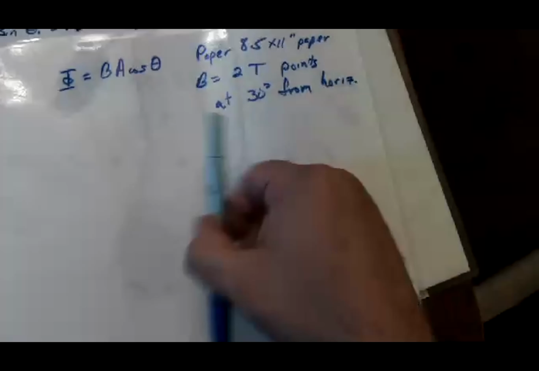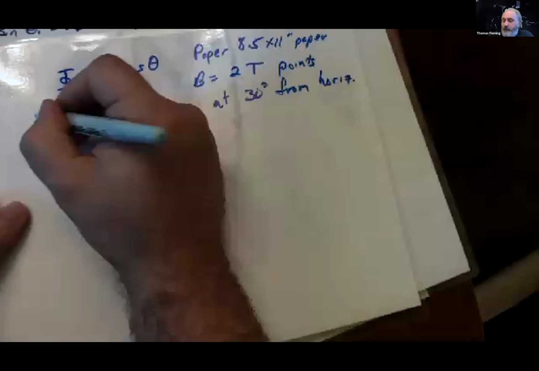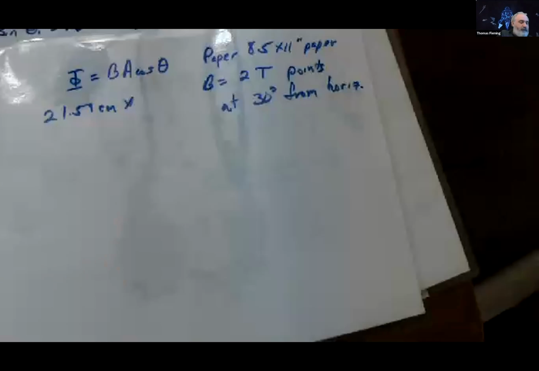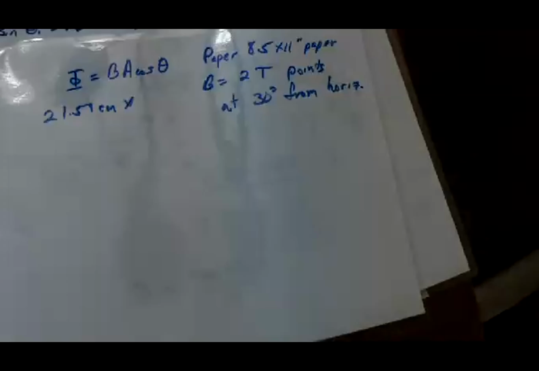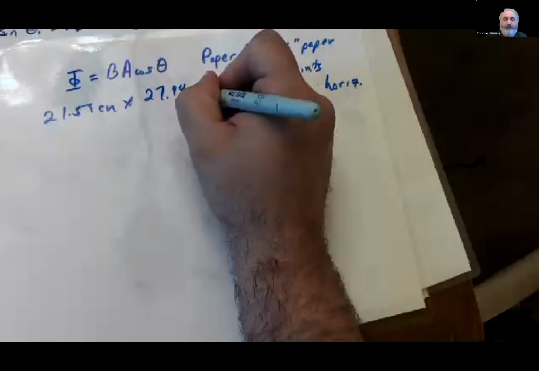So if we go 8.5 times 2.54, it's 21.59 centimeters by 27.94 centimeters.